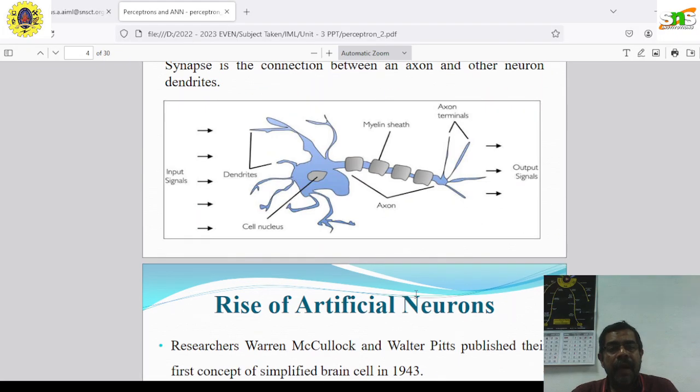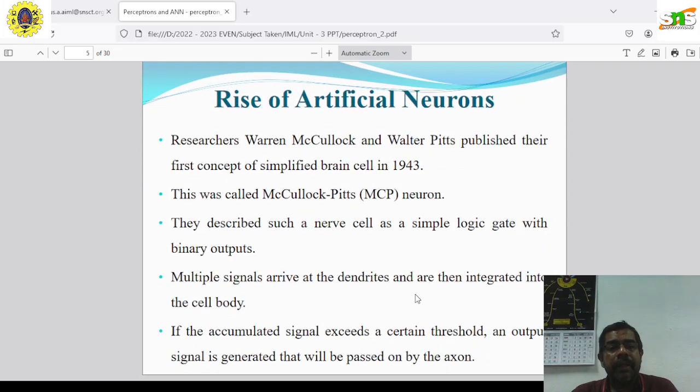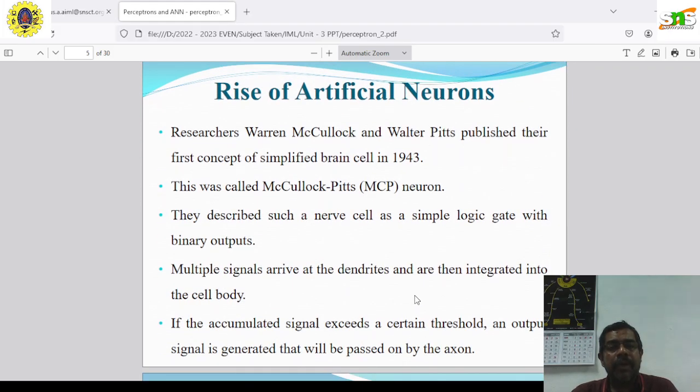Now we have to see how artificial neurons arose. The researchers Warren McCulloch and Walter Pitts published their first concept of the simplified brain cell in the year 1943. This was called the McCulloch-Pitts MCP neuron.